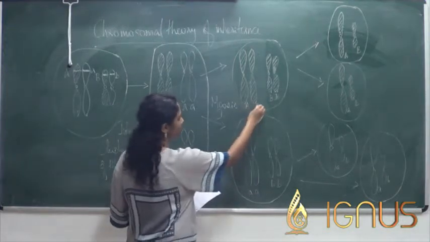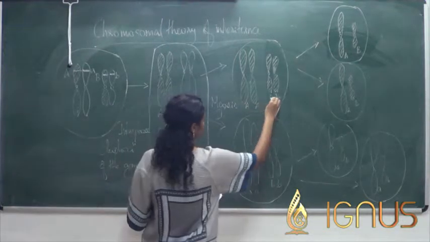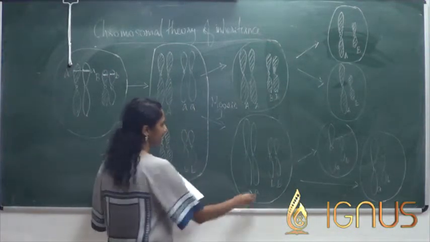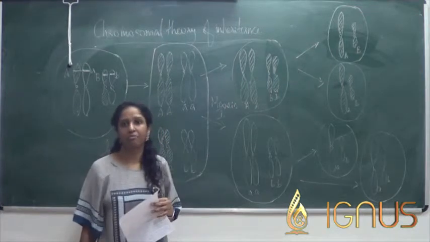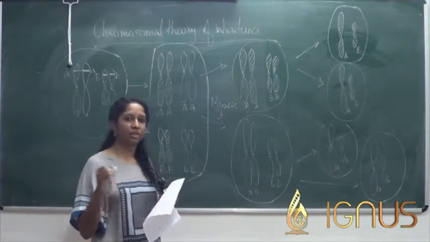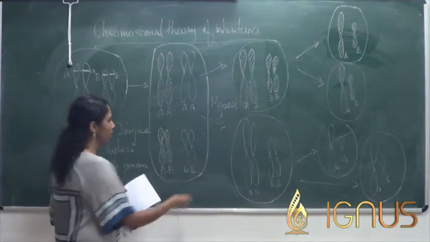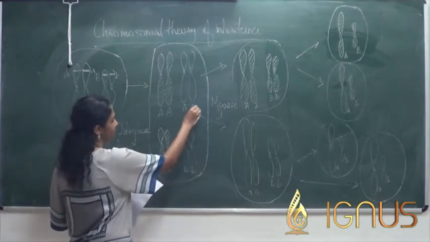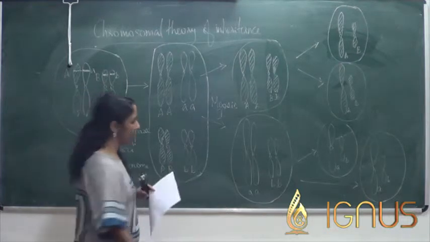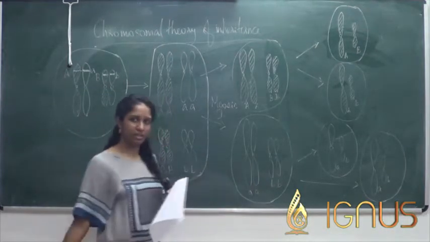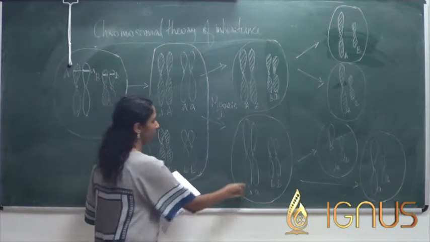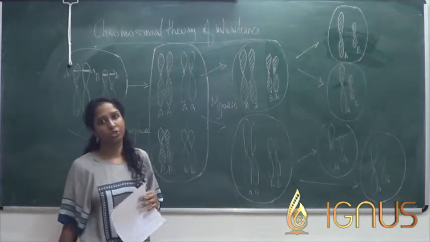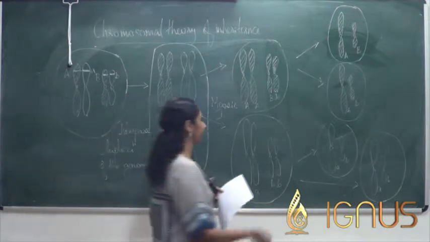So both dominant A's and both dominant B's end up in one daughter cell. The other daughter cell is going to have all the recessive allele containing chromosomes, both recessive a and both recessive b. So after meiosis 1, these cells are going to go through meiosis 2.